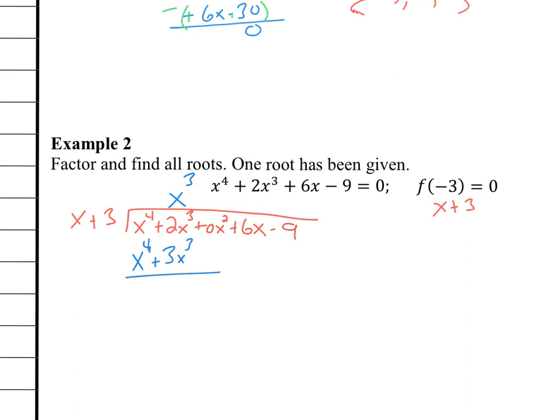Now we don't like subtraction, so we switch the signs and then we add. People don't mess up. First part right here adds to 0. This is going to add to negative x cubed. Bring down the plus 0x squared. We're going to have to get to x cubed that's negative, so we're going to multiply by a negative x squared.